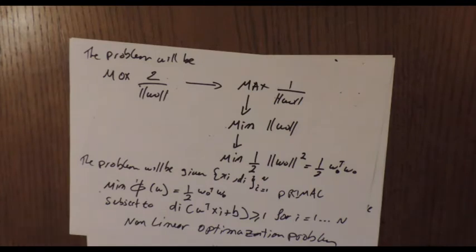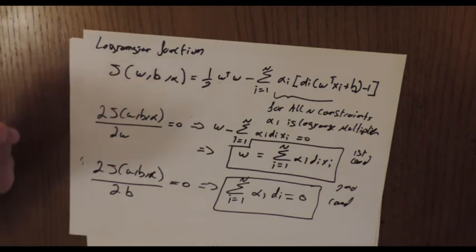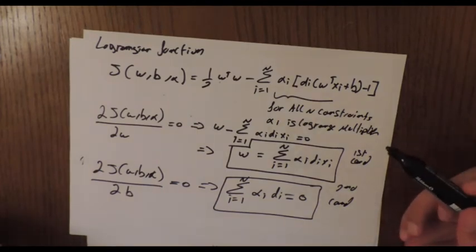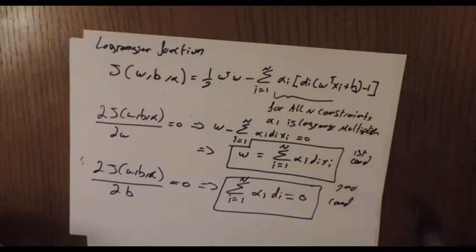So we can find the dual, and the advantage of finding the dual is lowering the number of variables that we're trying to find. As you can see with the Lagrange function, we have W, B, and alphas. So now instead of finding W and B, we find alpha with the dual.